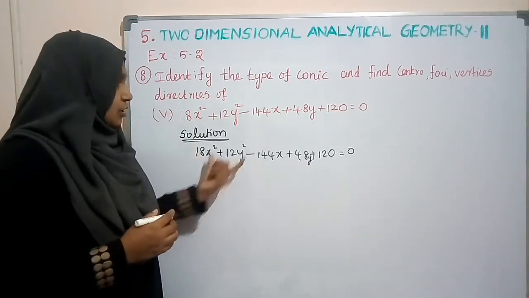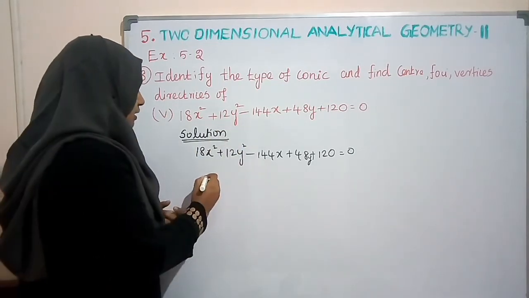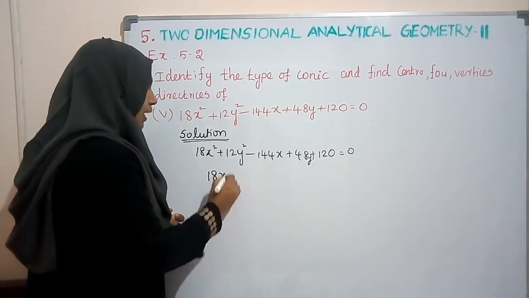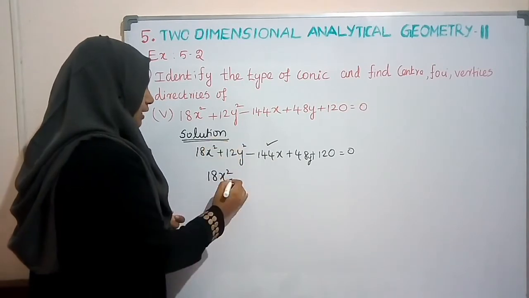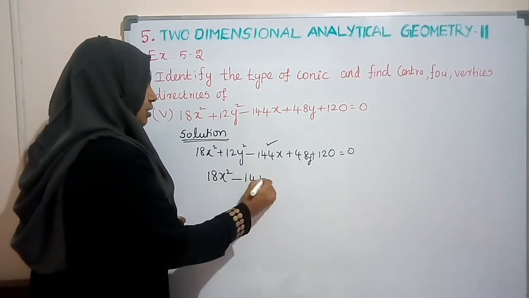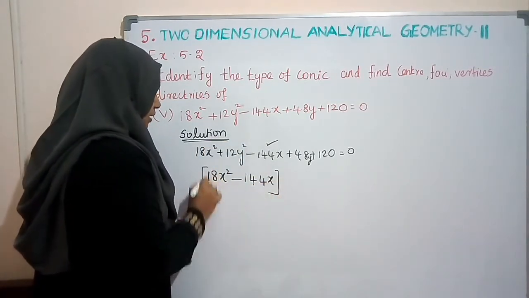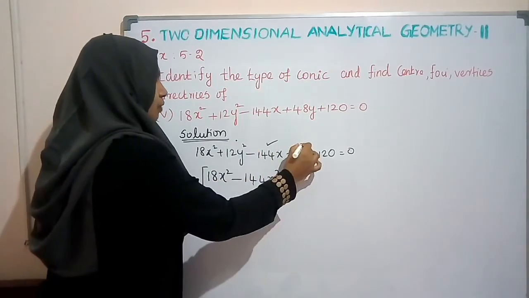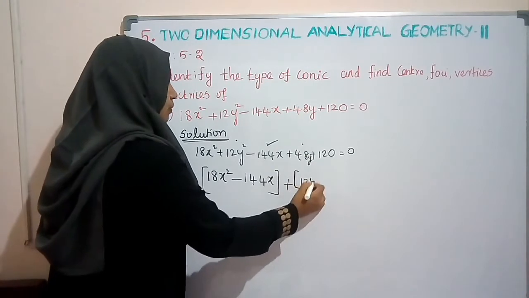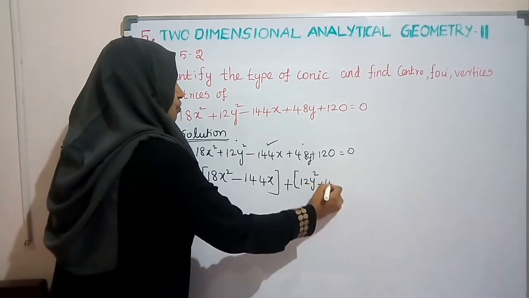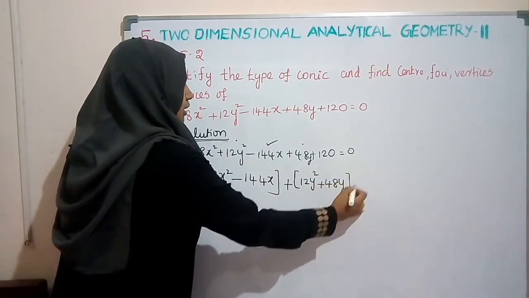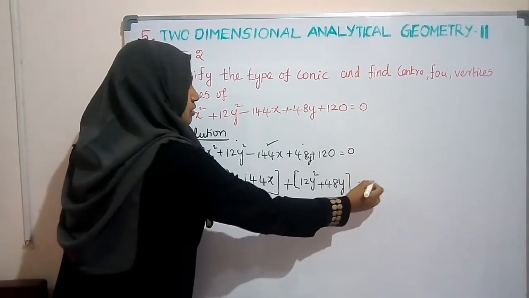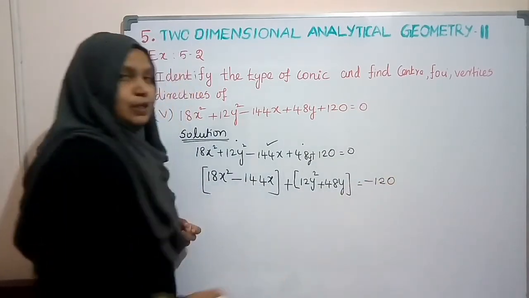For that, first write the given equation and consider the x square term and x term separately. So 18x square minus 144x written separately, and similarly the y square and y term, that is 12y square plus 48y, and take the constant term to the right side, it is minus 120.